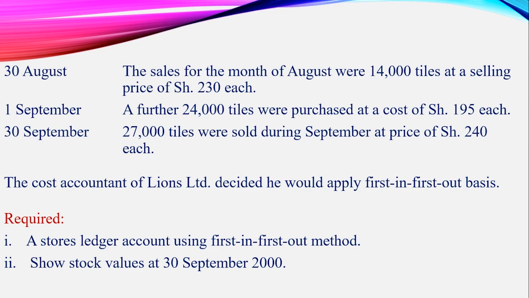On 30th of September, 27,000 tiles were sold during this month at a price of 240. Then they're saying the cost accountant of Lions Limited decided he would apply first in, first out basis. So they decided to apply FIFO in stock valuation for the purposes of valuation.